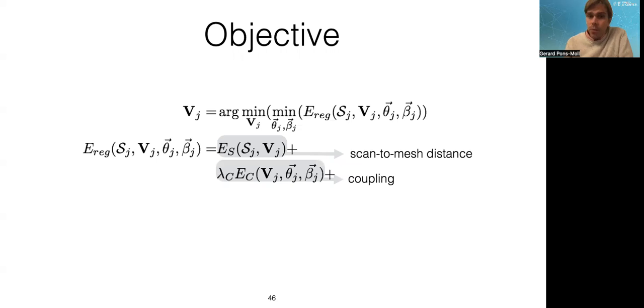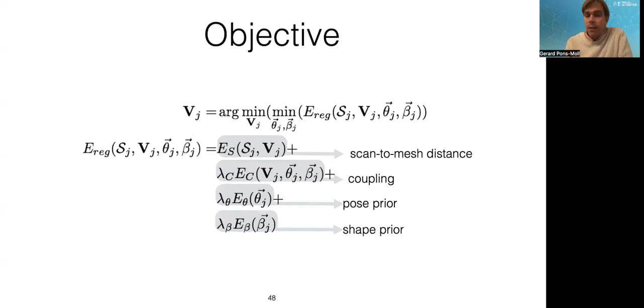We have a coupling term, which is coupling the registration to stay close to the model space. We have a prior on the pose parameters to make sure that you don't have very crazy articulations. And we have a shape prior on the shape space to make sure that the mesh looks like a human being.